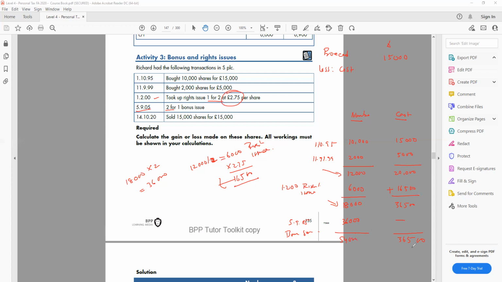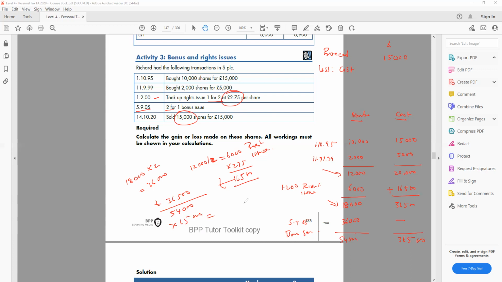Now we need to know how much is the cost. The cost for 54,000 shares is 36,500. If we divide, that gives you the cost per share, and you have to multiply by the number of shares we are selling. We are selling 15,000 shares.